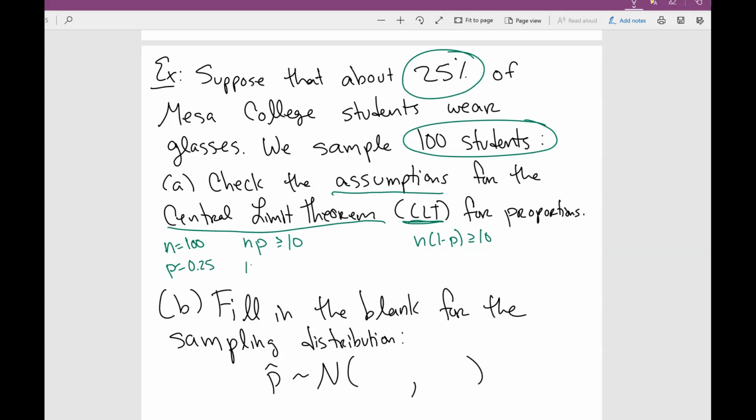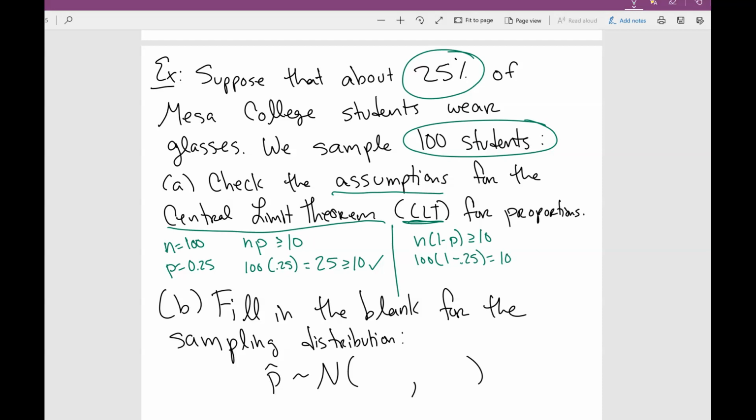So we have to make sure that 100 times 0.25 is greater than or equal to 10. If I multiply this out, I get 25, which clearly is greater than or equal to 10. So that checks out. Now we want to check the other one, because the other one might fail. So we're going to do 100 times (1 minus 0.25).